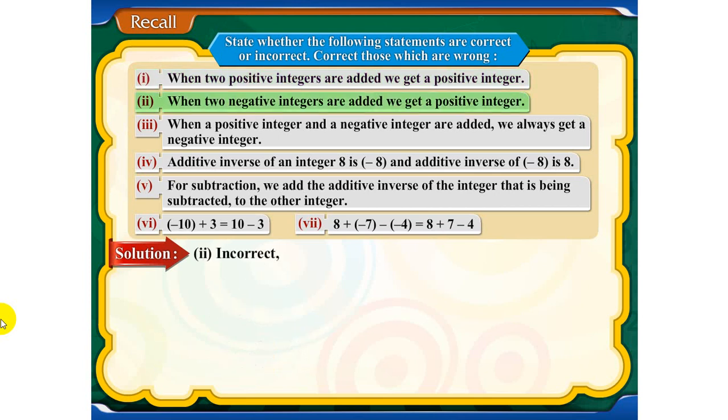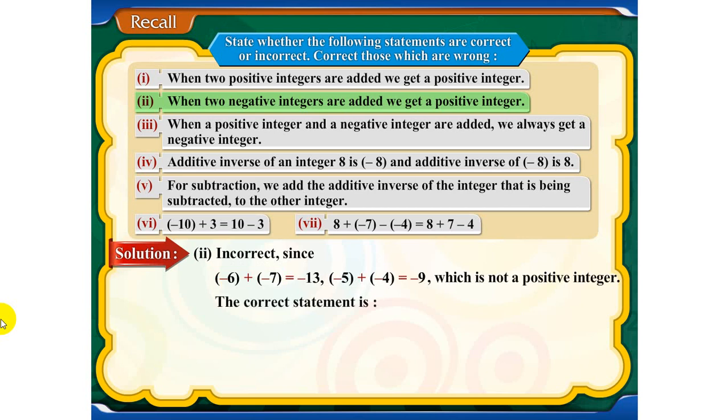2. Incorrect, since negative 6 plus negative 7 is equal to negative 13, which is not a positive integer. The correct statement is: when two negative integers are added, we get a negative integer.